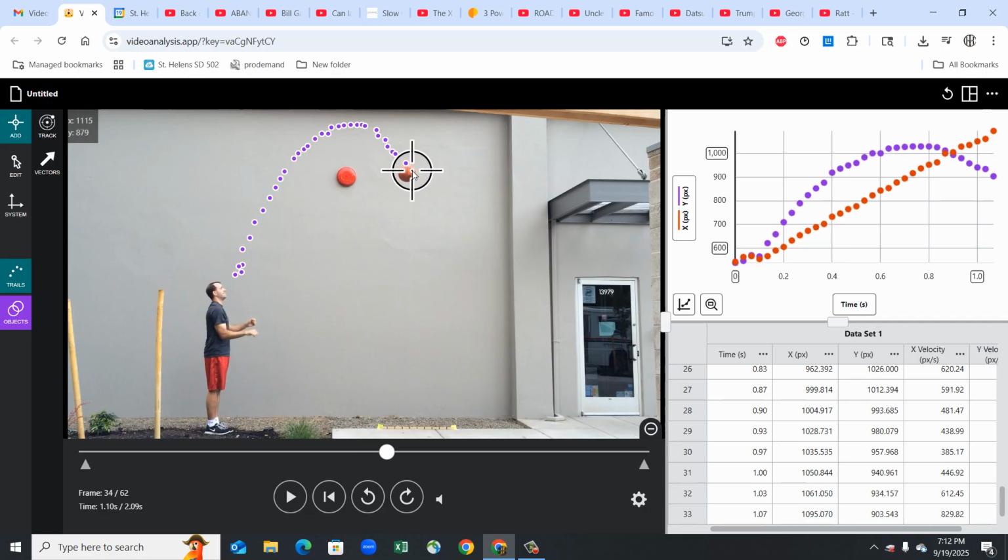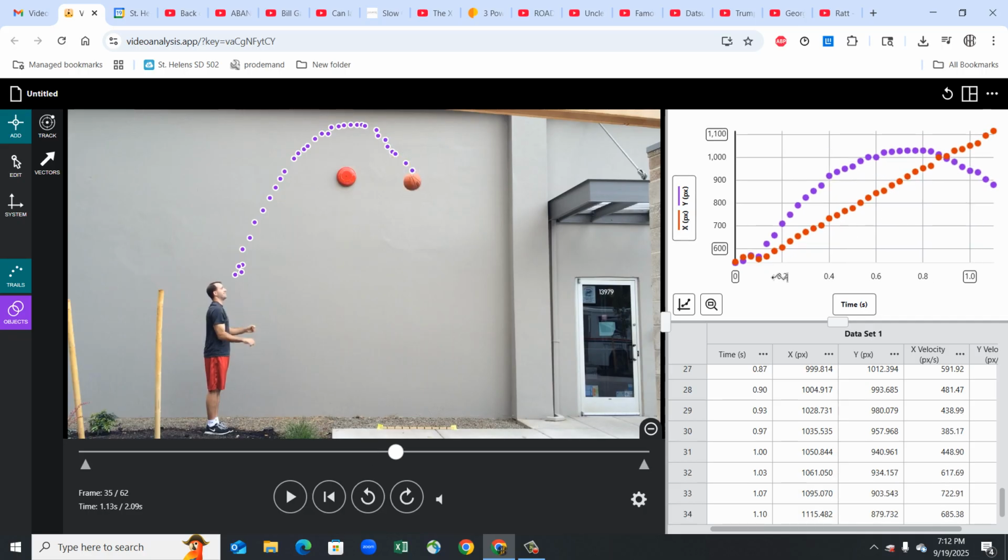So what do we notice here? A couple things. First of all, the red is the X position, and notice it's linear. What does that suggest? It suggests that our X coordinate system is what? Say it. Yes, that's right. We are moving in a linear position.